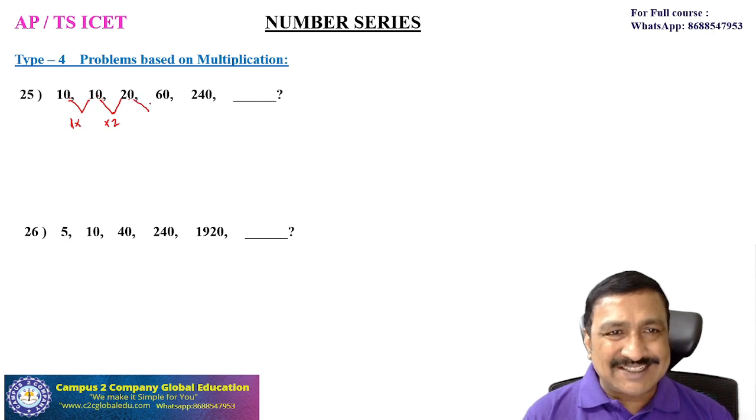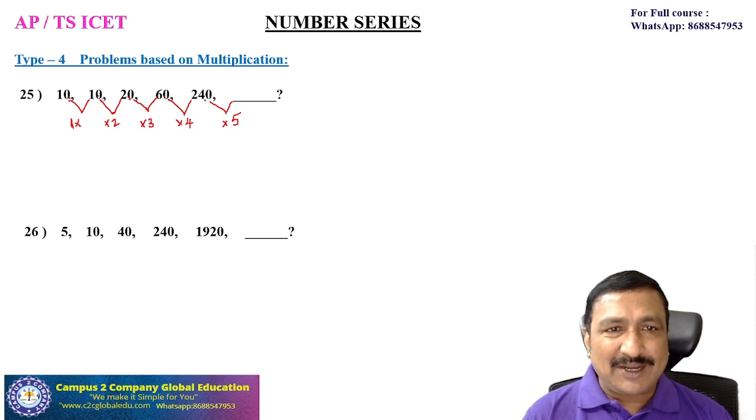How are we getting 60? 20 multiplied by 3, 3 into 20 is equal to 60. And how are we getting from 60 to 240? It's multiplied by 4. So this series is multiplying by natural numbers 1, 2, 3, 4. So the next number in the series should be multiplied by 5.